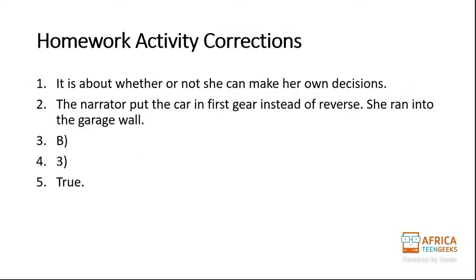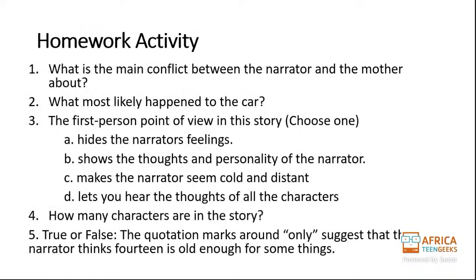So the correct answer is B. The narrator is very emotional and familiar with us. So it's very personal and it shows what she thinks, mostly about her mother and her father. Okay, number four. The question says, how many characters are in the story? If you wrote 3, then your answer is definitely correct.